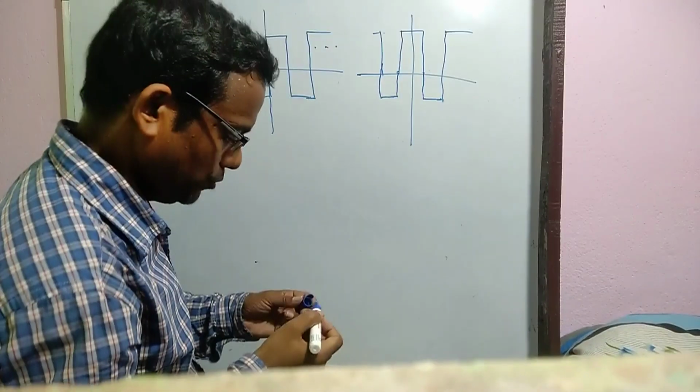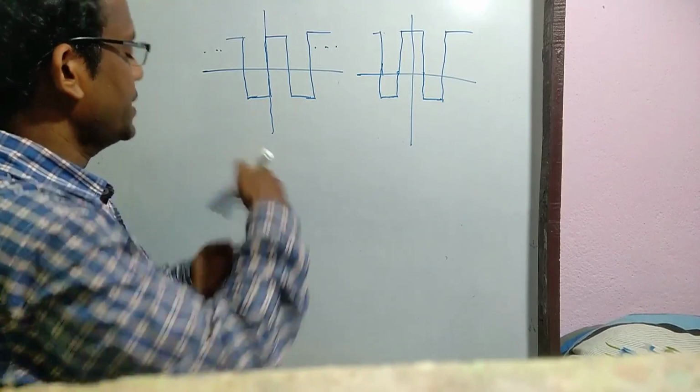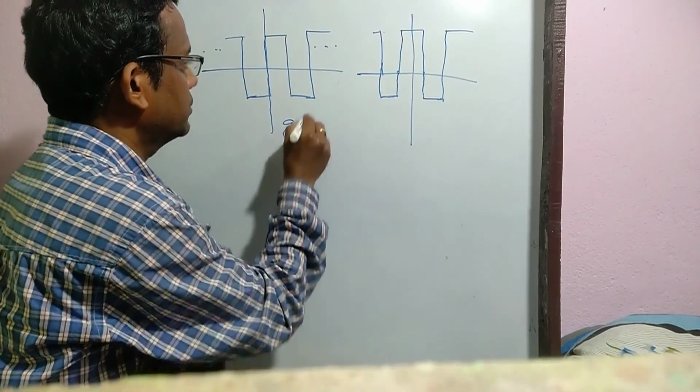You see these 2 signals carefully. What is the difference between g1(t) and g2(t)?